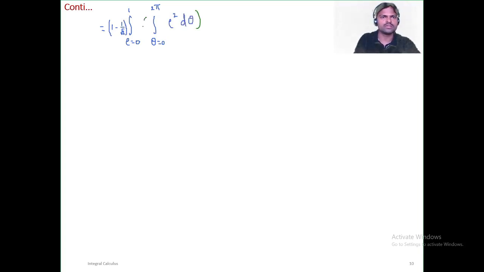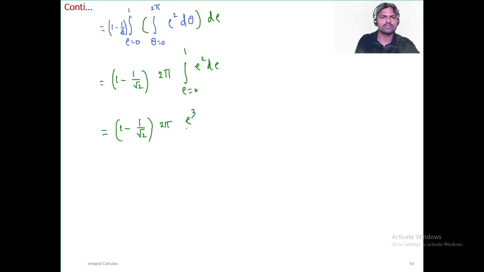Rho square will become constant now. After this, with respect to rho I need to evaluate. So 1 minus 1 by root 2, and evaluate with respect to theta now. Only theta will come, so 2 pi minus 0. So 2 pi I am writing completely outside. Next integration, rho from 0 to 1, rho square d rho. This will be 1 minus 1 upon root 2 into 2 pi into rho power 3 by 3, where the limits are from rho equal to 0 to rho equal to 1.